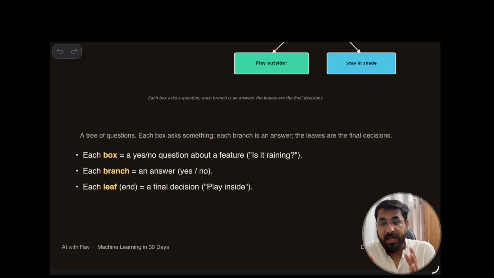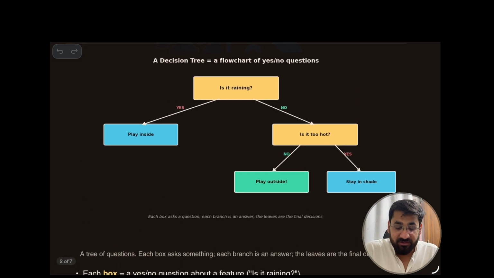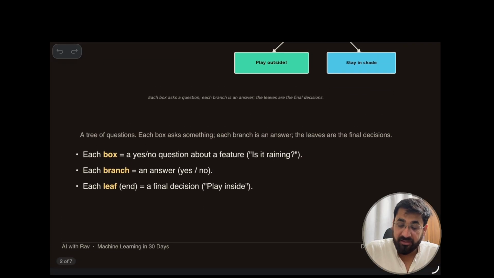In plants, the leaves are the end point. After that there is nothing. So that's the reason these are the leaves. Why are they leaves? Because after that there is nothing in the tree. These are the end points. Now you understand the terminologies.